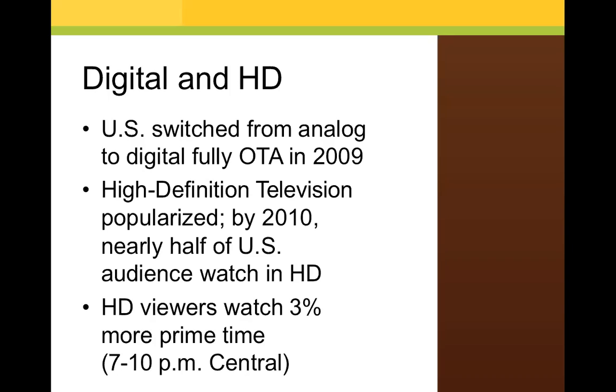And what came along with that was high definition television that became popular then by 2010, with nearly half of the US watching things in HD. And we have a standard technical system that the US follows based on that standard HD television. Well, of course, now we're moving on to ultra high definition.